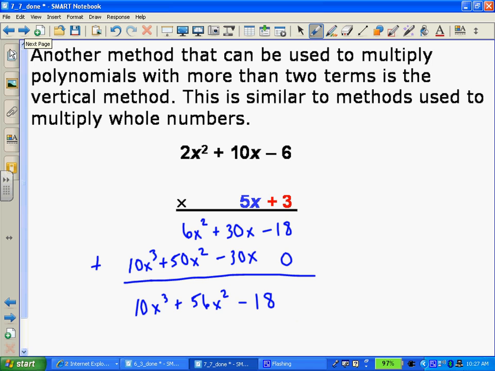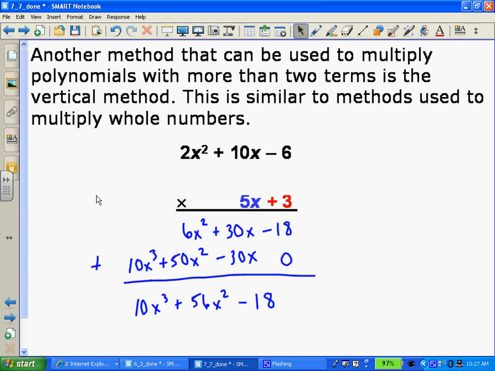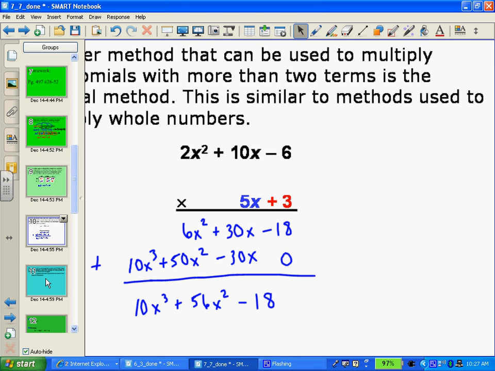So that's the vertical multiplication method you can use. Those are three possible ways to multiply a binomial times a trinomial, and you could do it with trinomial times trinomial. Pretty much anything bigger than binomial times binomial, you'll want to use one of these methods.